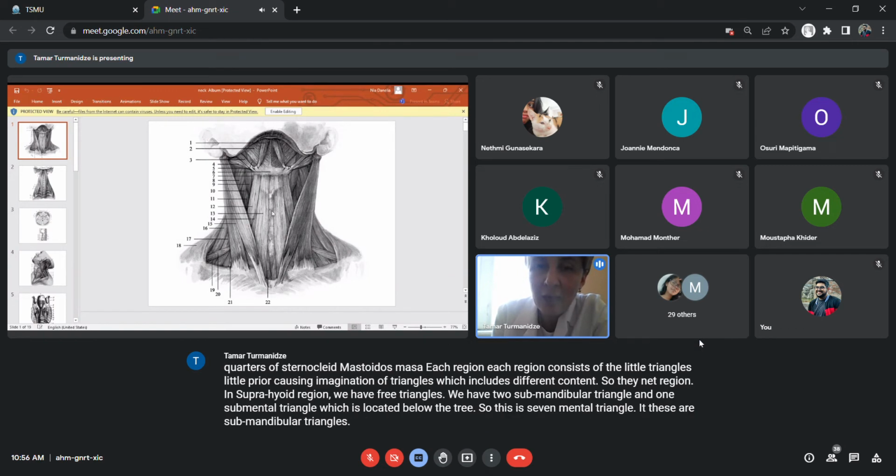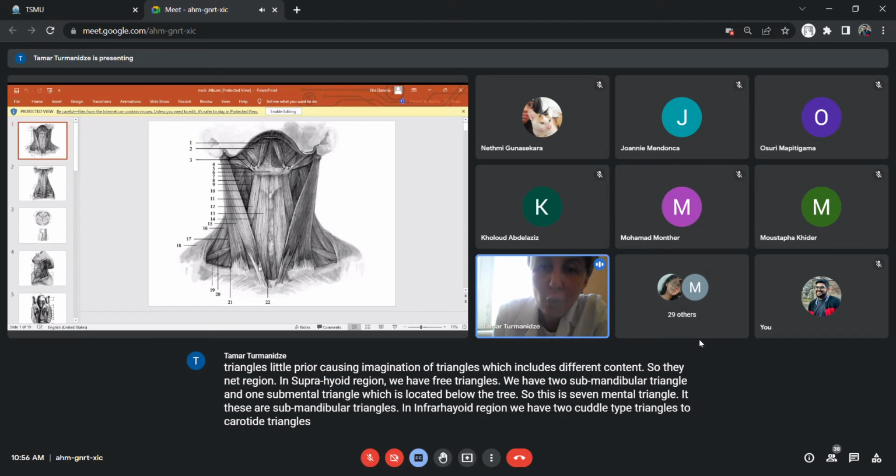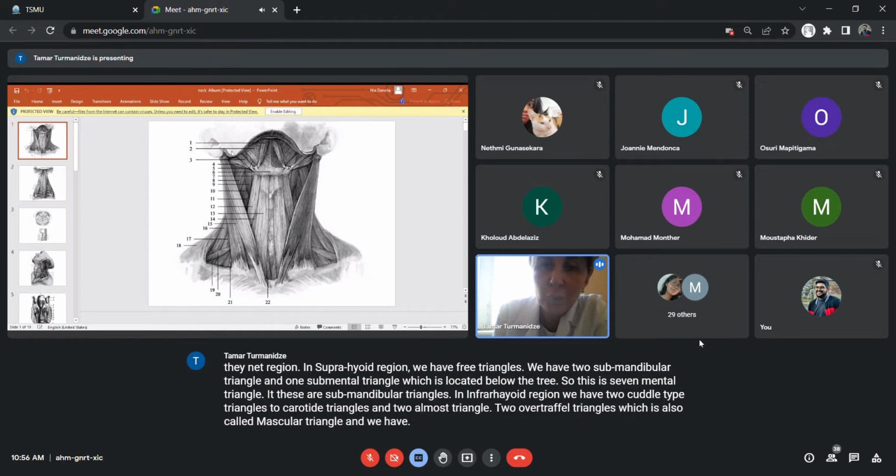In infrahyoid region, we have 2 carotid triangles, and 2 omotracheal triangles, which are also called muscular triangles.